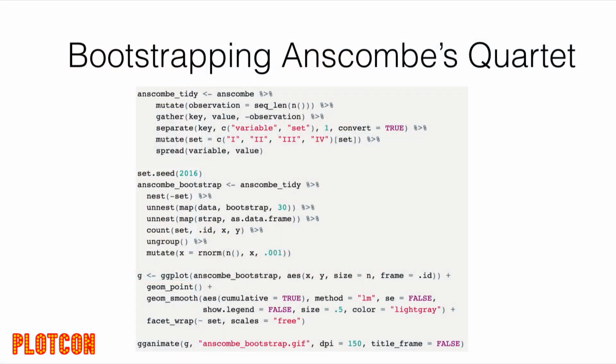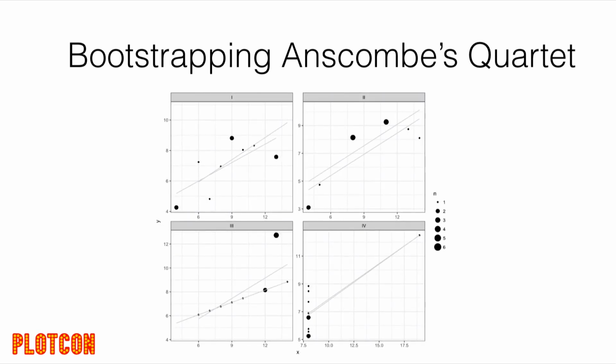One thing this does is gives us a bit more space to play with in our graph. For example, we can still use faceting on this. So I take Anscombe's quartet, which is a common way of representing particular mistakes that people can make in linear regression. We tidy it, do the same bootstrapping on it, and facet by each item of the quartet. And here we see how different items within the quartet respond to bootstrapping.